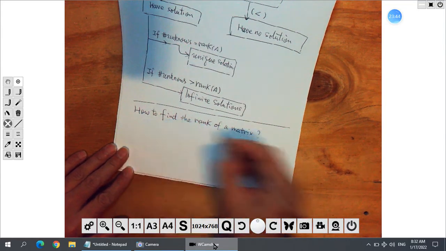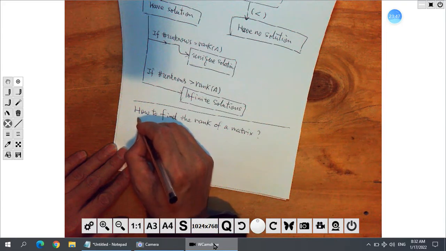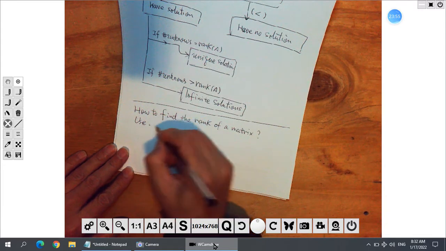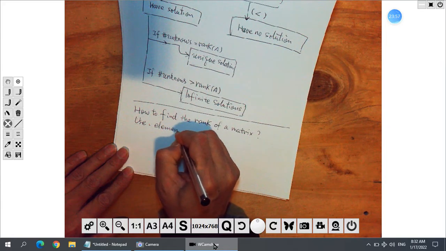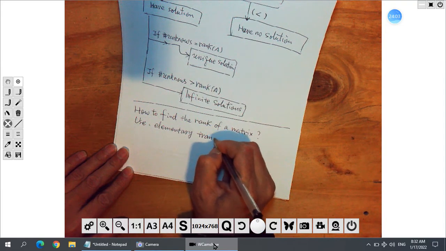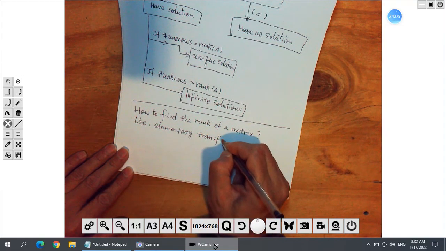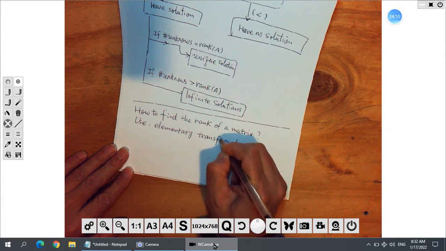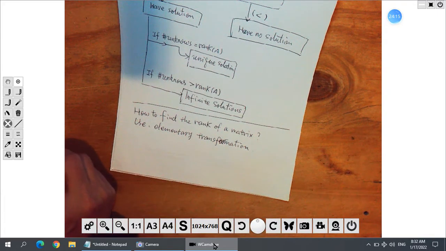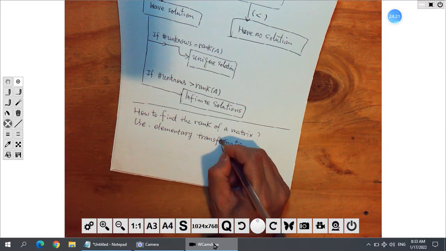We use the method of elementary transformation.